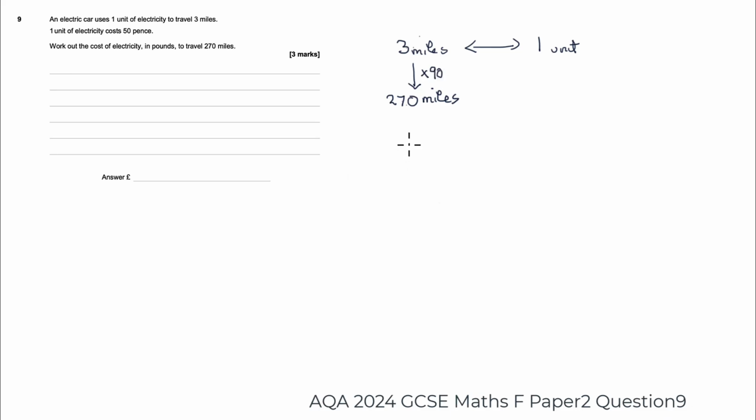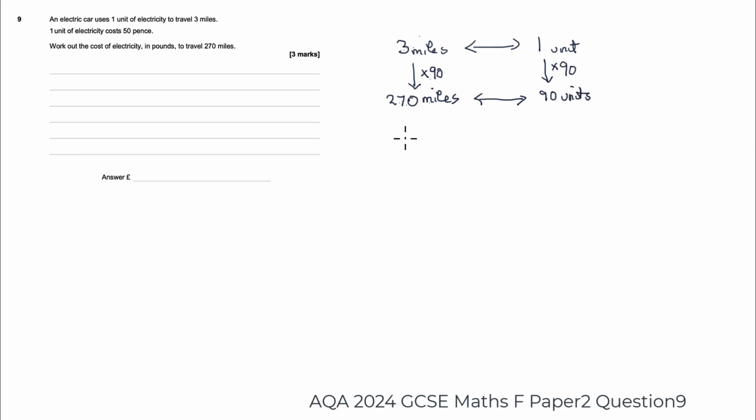Now, so what we've got, 3 times 90 gives us this 270 miles. So to find out the number of units used in travelling 270 miles, we'd have to multiply this 1 unit by 90. You're going 90 times the distance, so you'll use 90 times the units. In other words, you'll use 90 units.